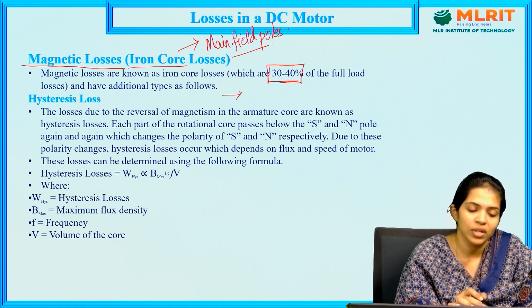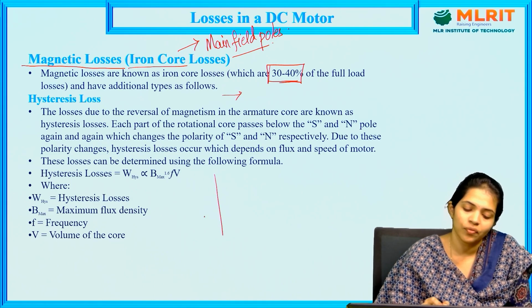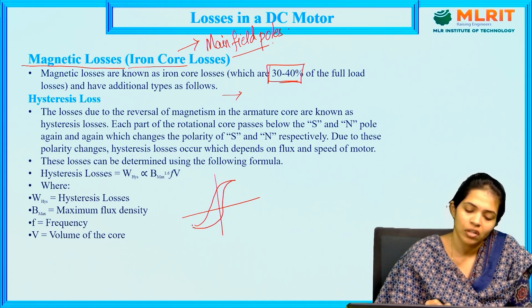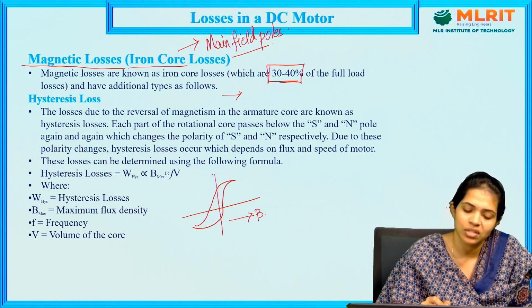The first one is hysteresis loss. We know the BH curve, which is plotted between the magnetic flux density and the magnetic field intensity.